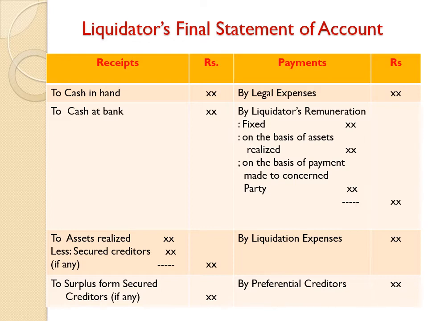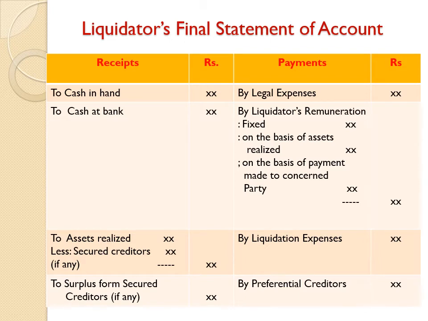There are two types of secured creditors: fully secured creditors and partly secured creditors. Partly secured creditors means the asset is partially given as security, and that asset is sold in the market by the liquidator.